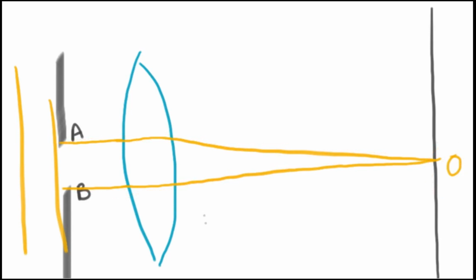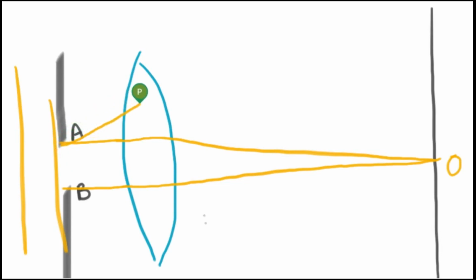Fine. Now look here again. See, this point A acts as a source of your secondary wavefront. That means the light will be traveling in all directions from this point. Now suppose there's a light which is moving at a slightly different angle.